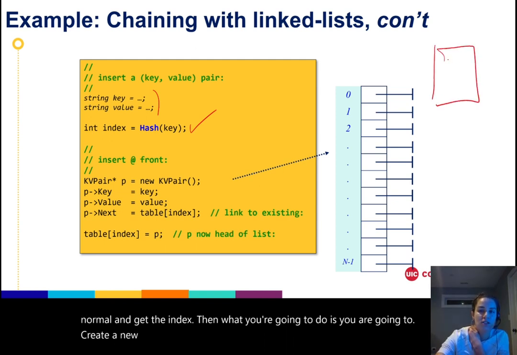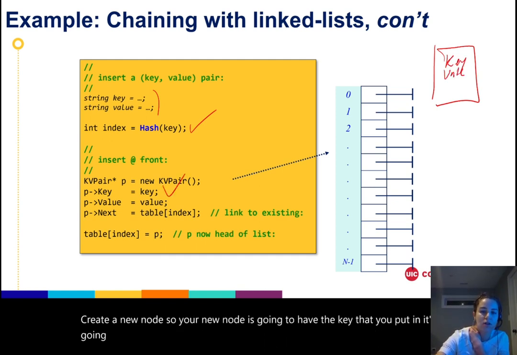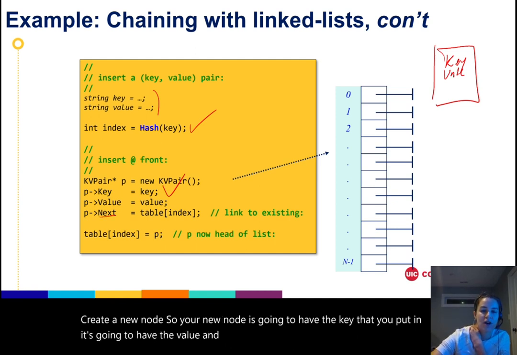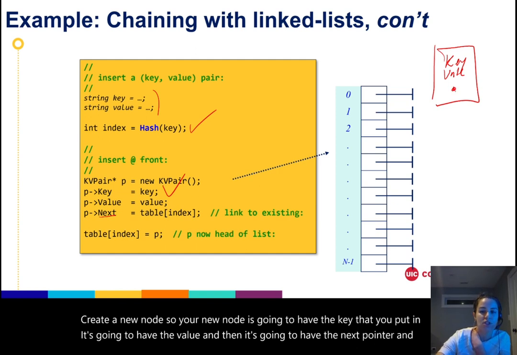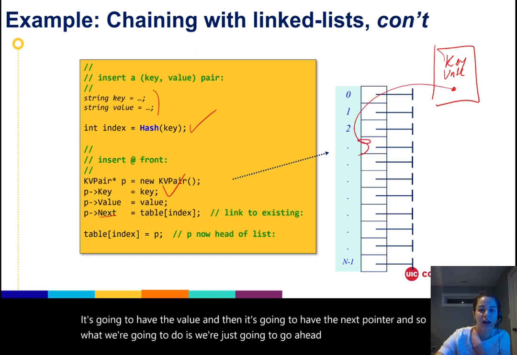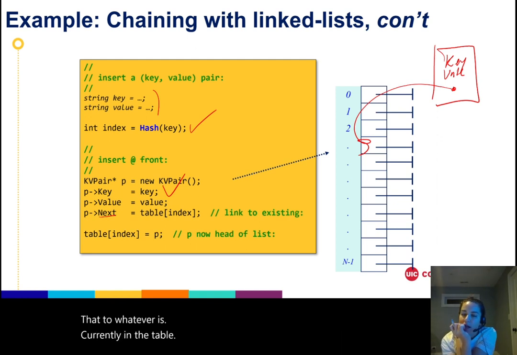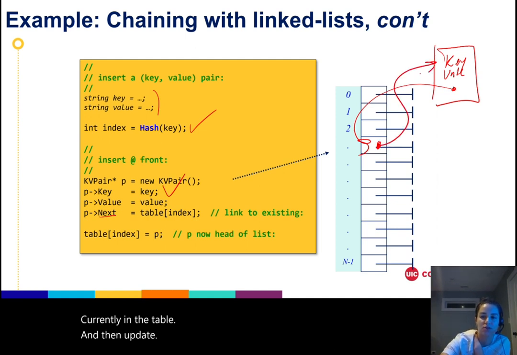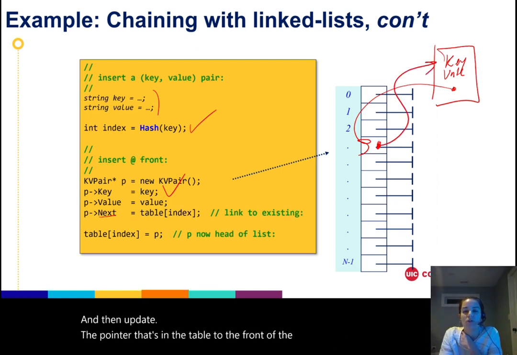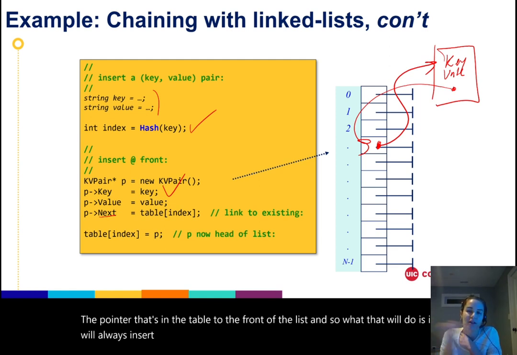Your new node is going to have the key that you put in, it's going to have the value, and then it's going to have the next pointer. What we're going to do is point that to whatever is currently in the table, and then update the pointer that's in the table to the front of the list. What that will do is it will always insert the node in the front of the list.